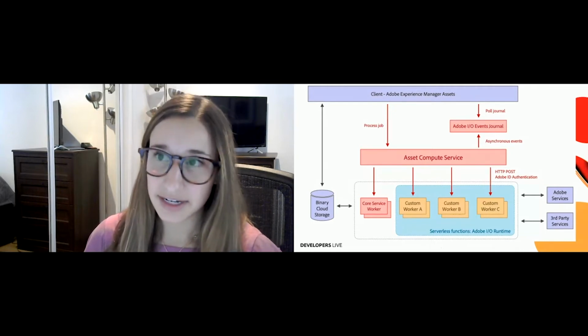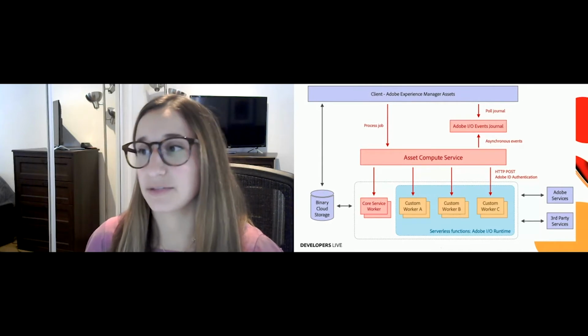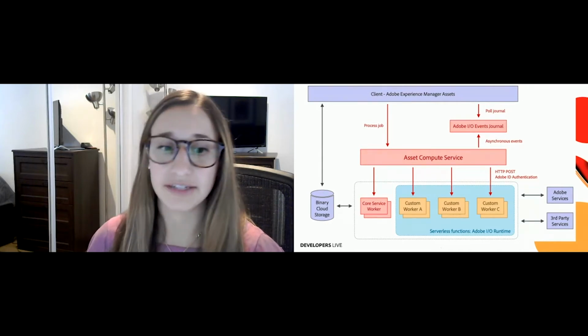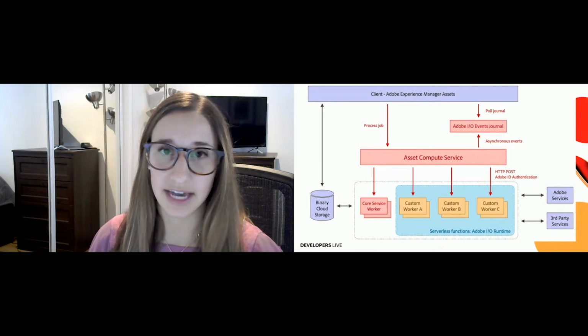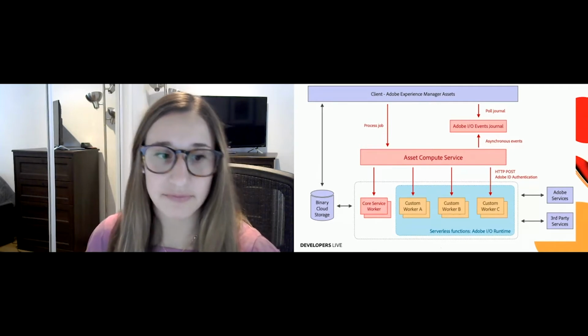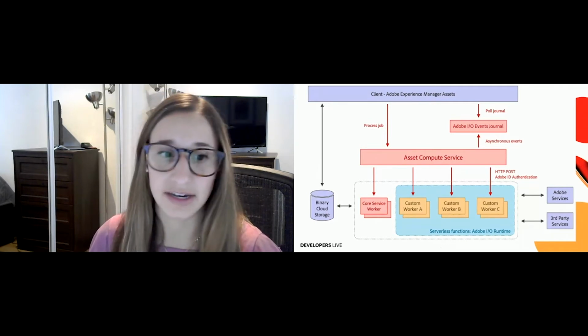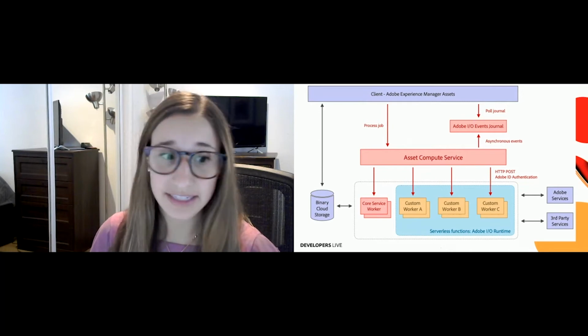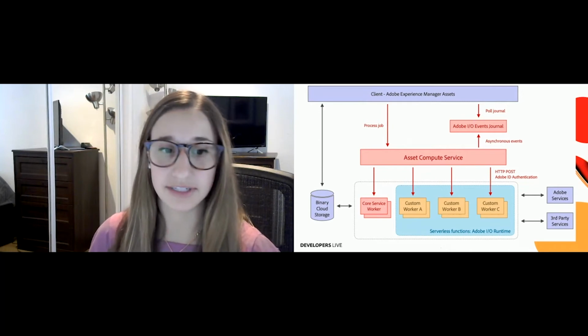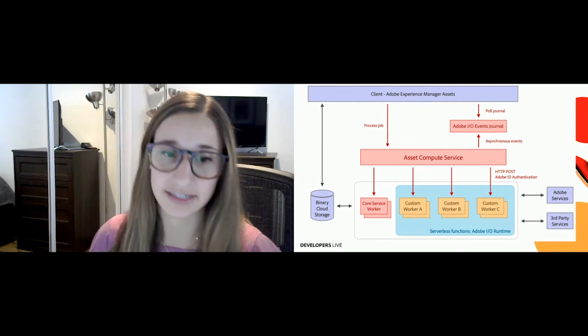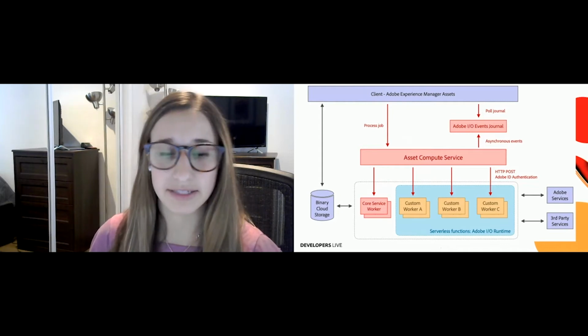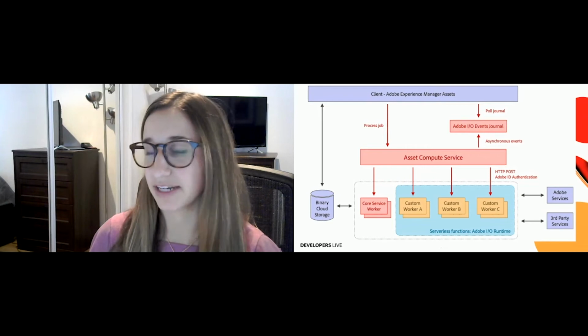Since these events are asynchronous, the client AEM Assets will be polling the Adobe I/O Events journal to get the status of the asset compute processing. Once AEM is notified via events that the processing is complete, along with direct pointers to the generated binaries or renditions, the renditions are available in the Experience Manager UI for the uploaded asset.